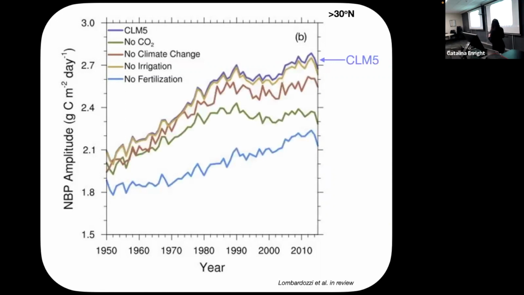What I'll start with first is this purple line, CLM5. This is the change in net biome production amplitude in CLM5. If you look at the impact of irrigation, that's the yellowy orangey line. Without irrigation, you do see a small decrease in net biome production, but it's not very large.